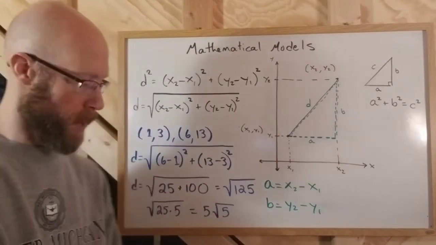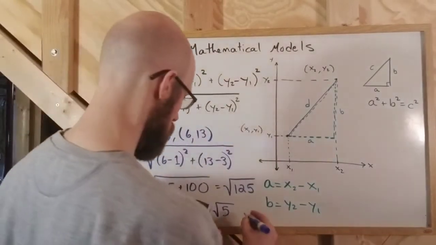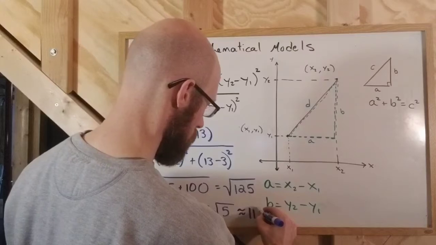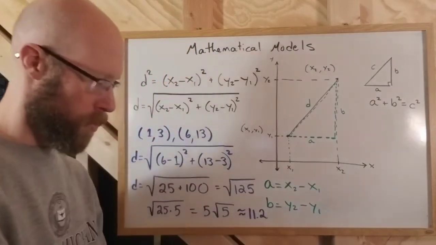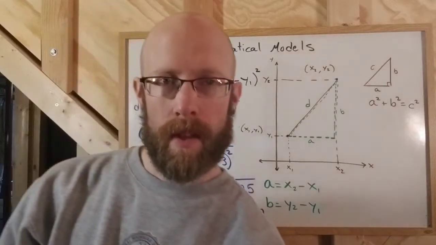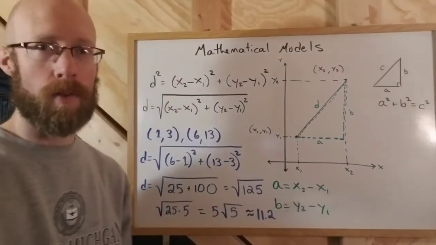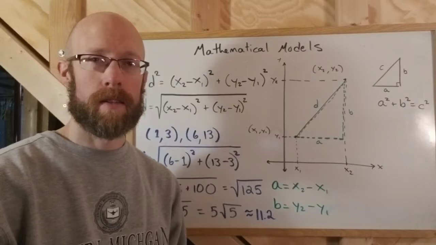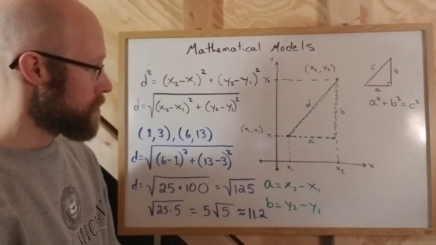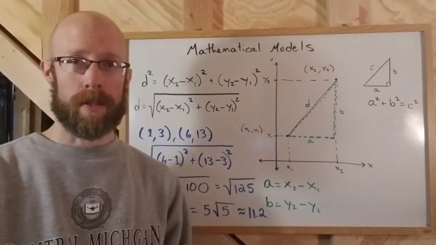Either way, it wouldn't matter. And what I'm going to end up with is approximately 11.2. Okay, it's 11.18033989, and then the calculator rounds it off there, but technically it would keep going. All right. So that gives me the distance between the 2 points.